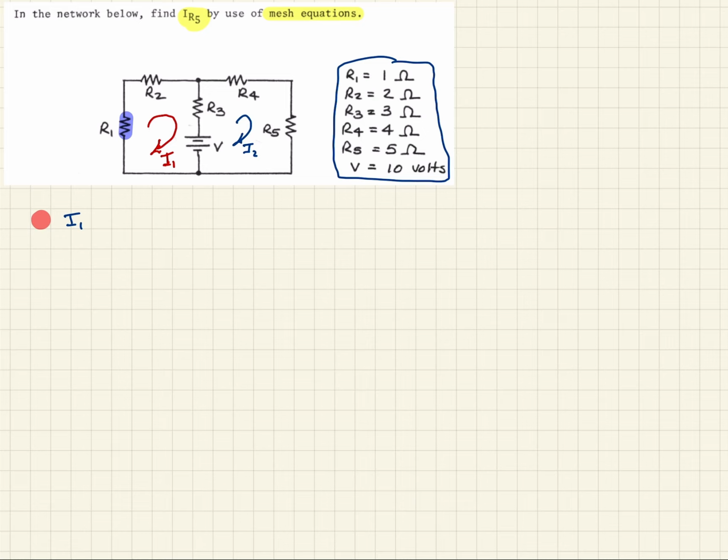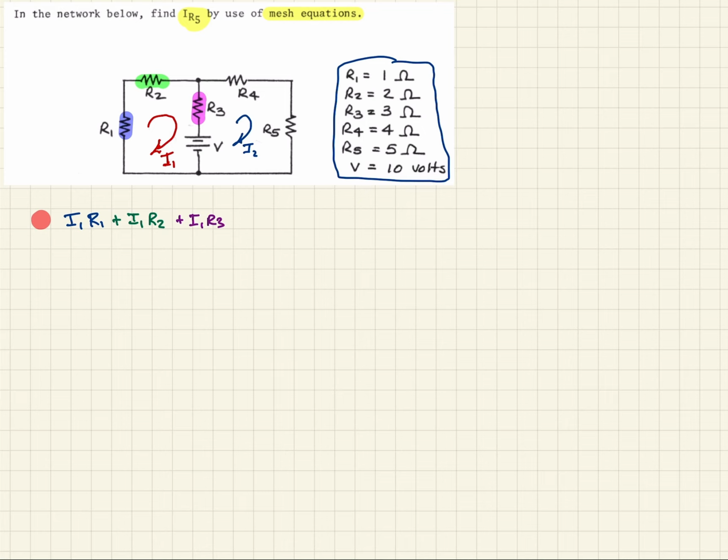Let's write it out first with just the components, just so you can see. It's I1 R1, and then next, you see we have this component here, and so that one we will write as I1 R2, and then finally we got this component here, so we'll write that as I1 R3.